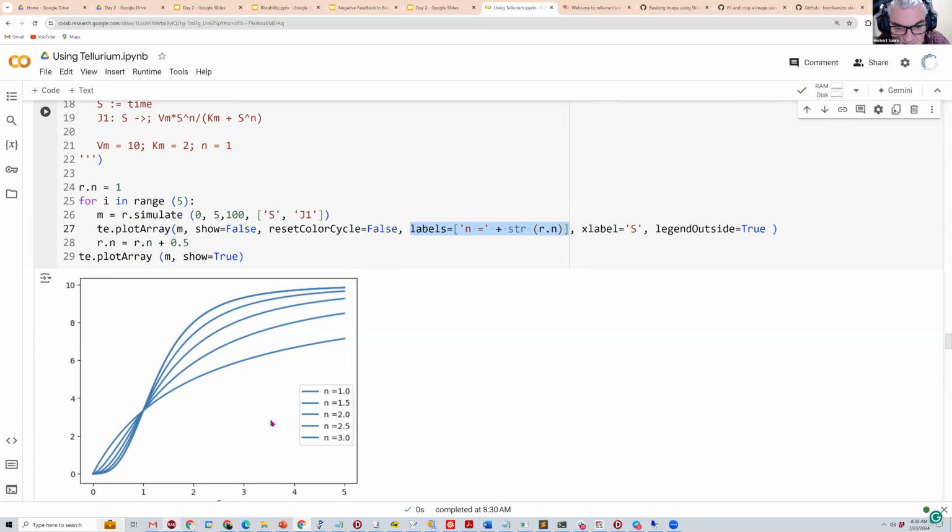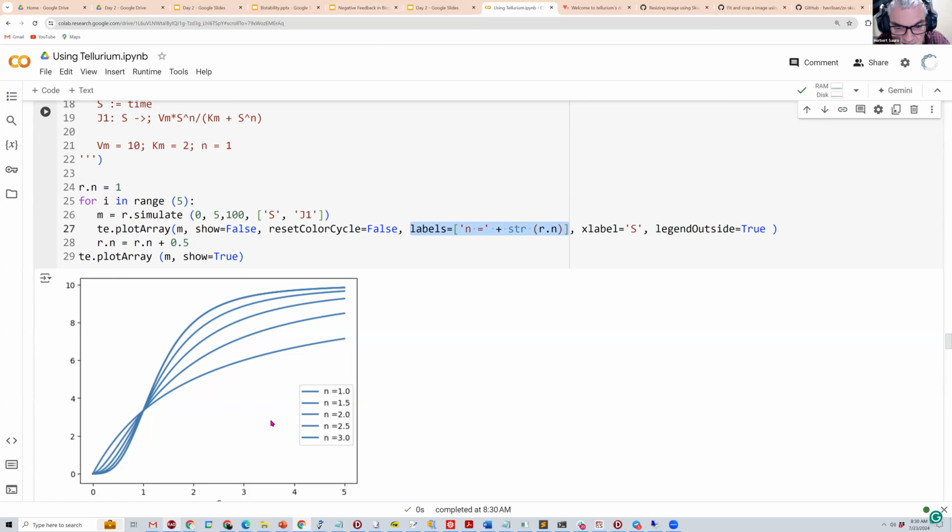It may contain multiple Y columns, and I want separate labels for each column. Now here we've only got one Y column, and so I only have one thing in the list, okay? And this list is constructed by having a string, n equals, plus the value of the Hill coefficient. And I have to convert that into a string because it's a number, okay? And I can then add them together. And I get the label down here, right?